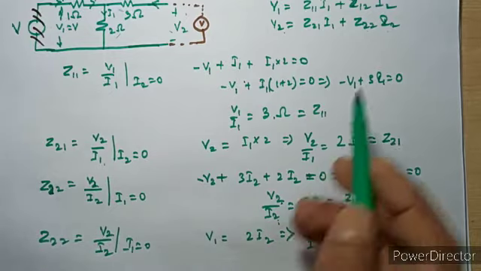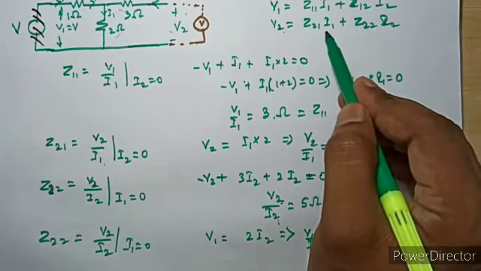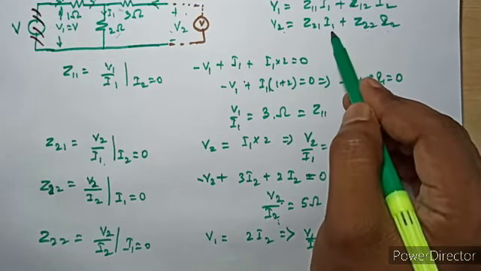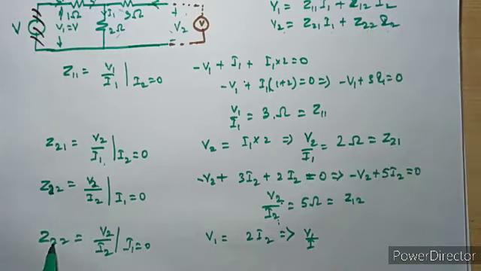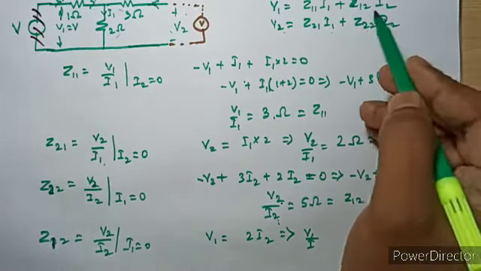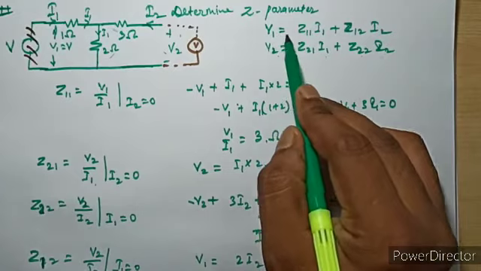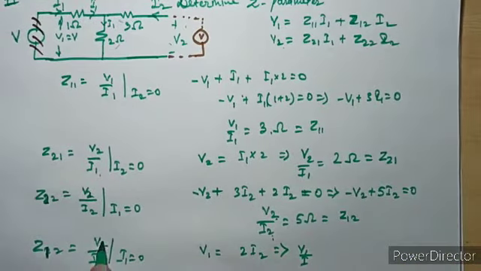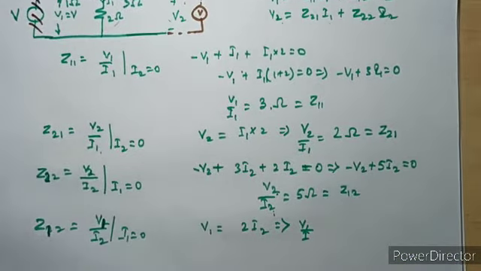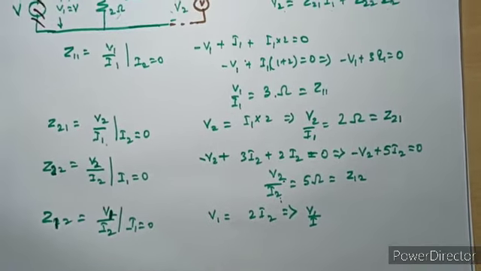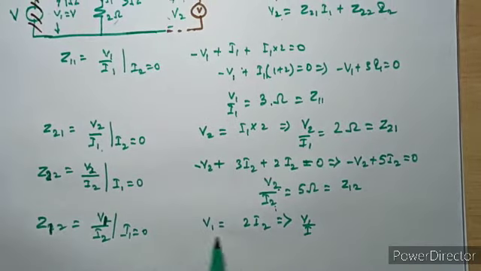Now we had made I1 0. Z12 will be what? Z12 will be V1 by I2 when I1 is 0.